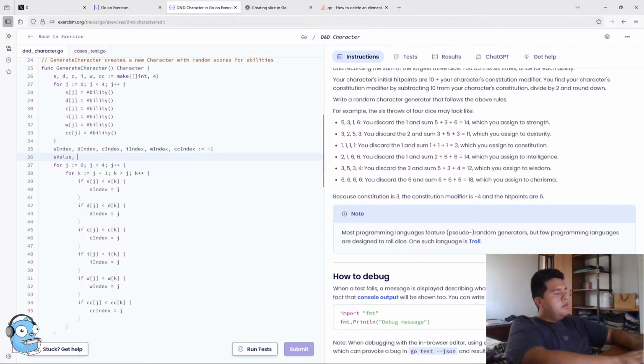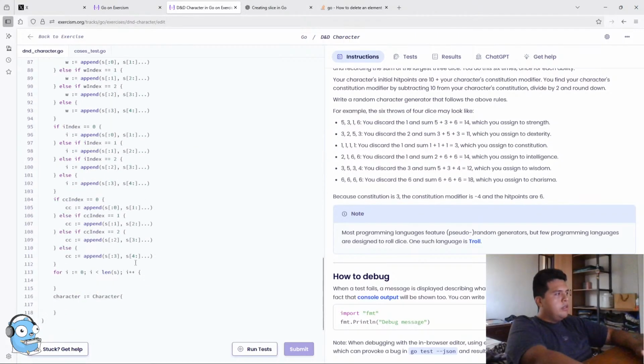S value, e value, c value, I value, w value, cc value equals 0, okay.